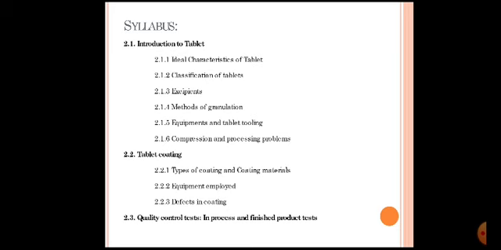The second point is tablet coating. In this we have to see types of coating and coating materials, then equipments which are used for tablet coating, and lastly defects in tablet coating. And the last point we have to go through is quality control tests, in-process and finished product tests.